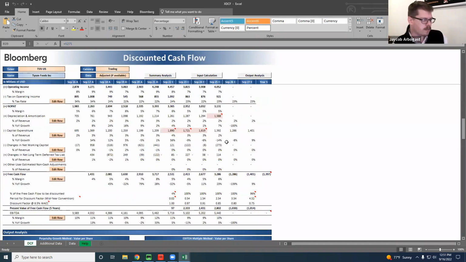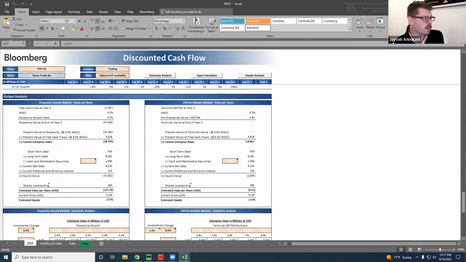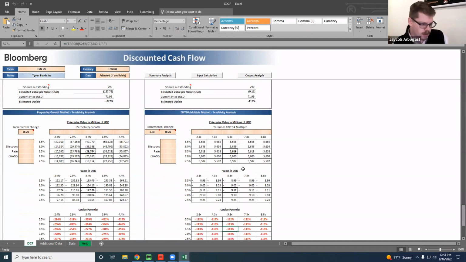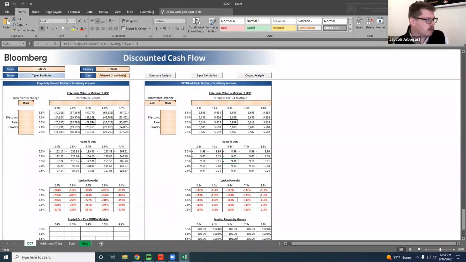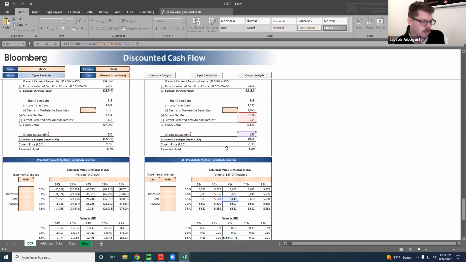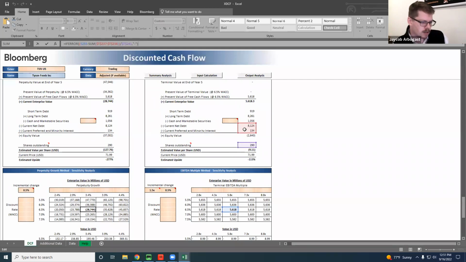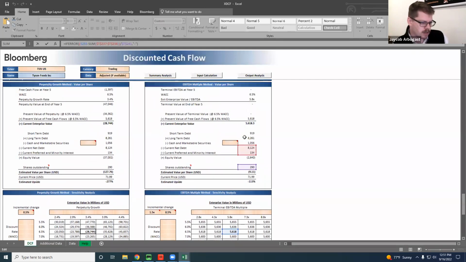Oh, dang it. Yep, hold on. Okay, so that number came from this. Go find it real quick. Shares outstanding, current debt, current preferred interest. Okay.